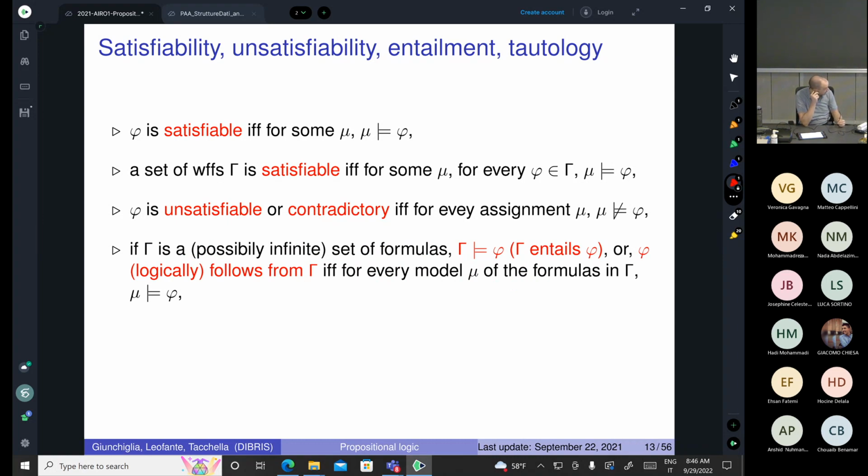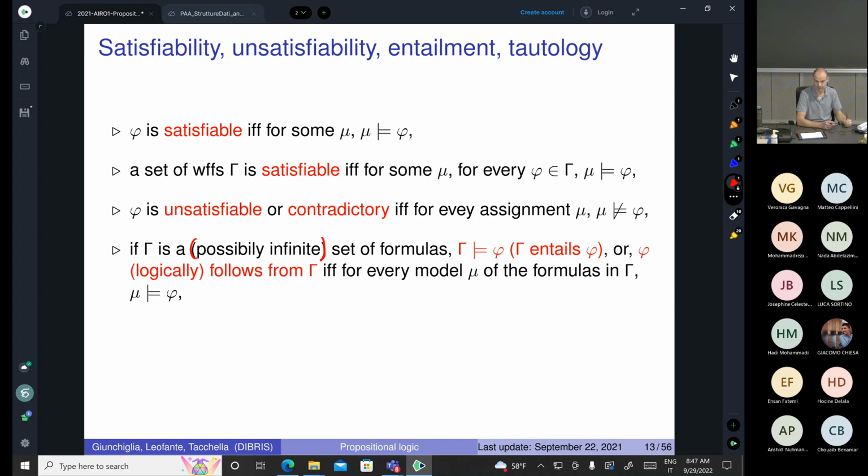Then if you have, this is another important notion, gamma is a possibly infinite set. Right now we will never deal with this, so this is in fact parenthesized, because logicians and mathematicians are interested in this kind of stuff, and it makes a difference whether you are considering finite sets or infinite sets.